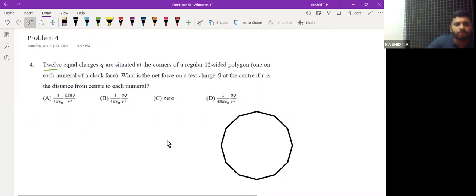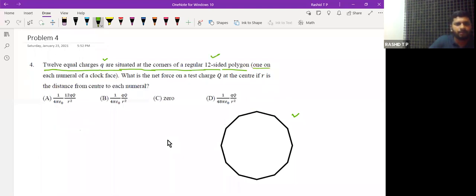That is, 12 equal charges Q, each charge, 12 Q charges are situated at the corners of a regular 12-sided polygon. Okay, that is one polygon given here, a 12-sided polygon.